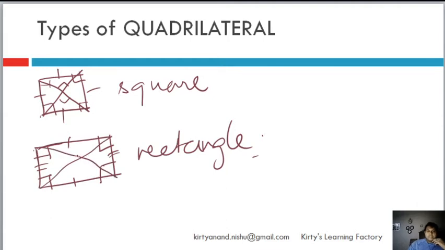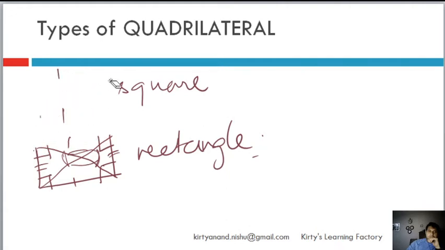Okay. However, the diagonals bisect each other but not at 90 degrees. In a square the diagonals bisect each other at 90 degrees. In a rectangle this angle will differ. One angle will be obtuse and the other will be acute. So that's the difference between a square and a rectangle. Okay. So if you look at a square, all squares are rectangles because opposite sides are equal, opposite sides are parallel, and diagonals are equal in length. So a square is a rectangle, but a rectangle is not a square. That is the second type of quadrilateral.